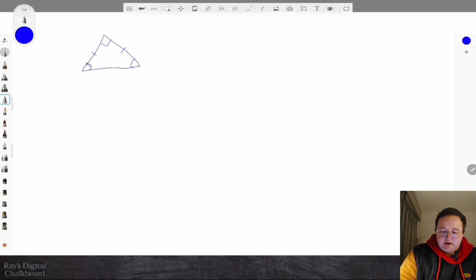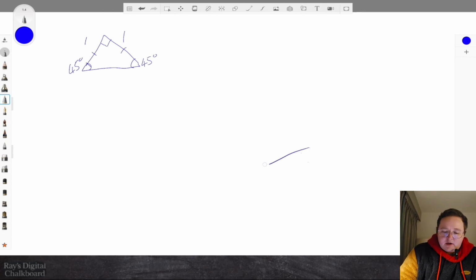Because these two angles are equal and we've already got a right angle, these are 45 degrees. To make the maths easy, we're going to say that these two equal length sides are 1 each. We can use Pythagoras to get the length of the hypotenuse, bearing in mind the square of the hypotenuse is equal to the sum of the squares of the other two sides.